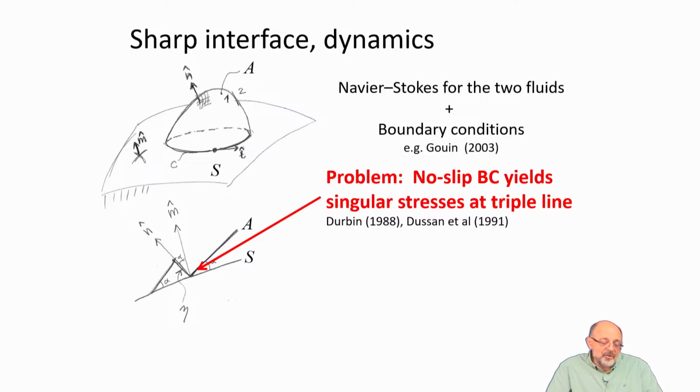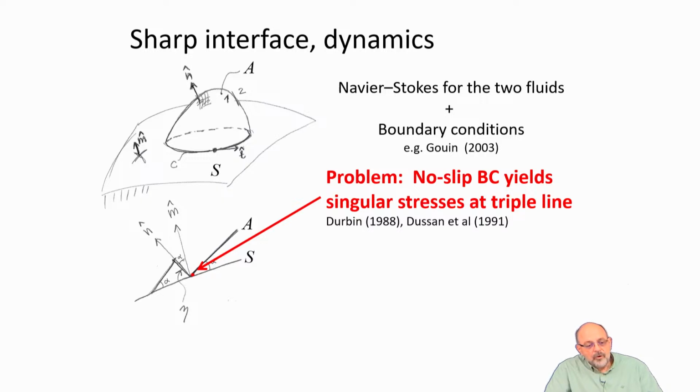And we know that that is true for most simple liquids. It's not true for polymeric liquids, but for molten aluminum silicon, it has to be true. And yet, if you do that and you try to move this triple line, the classical solution in fluid mechanics tells you that you will get a singularity in stresses at this point.